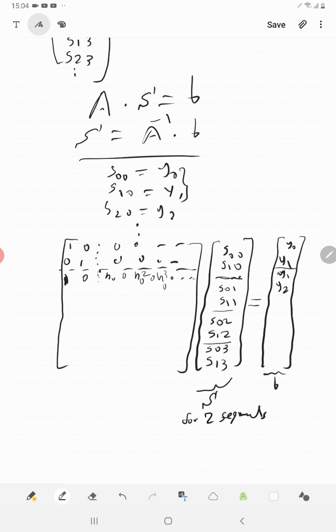Similarly for Y2 here, you have 0, 1, okay, and you have 0, H1, and 0, H1 squared, and 0, H1 cubed, and so on, okay. So these are for the starts and ends.